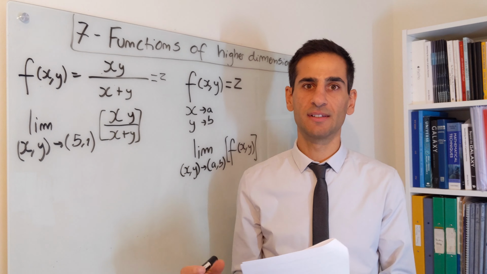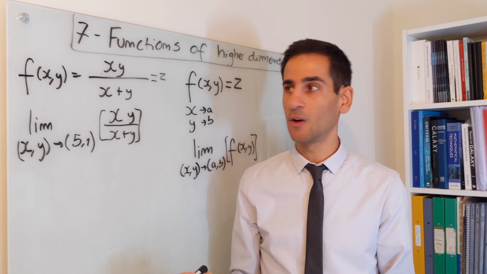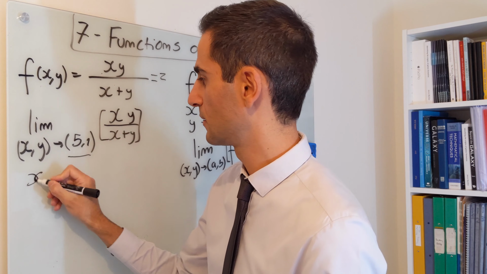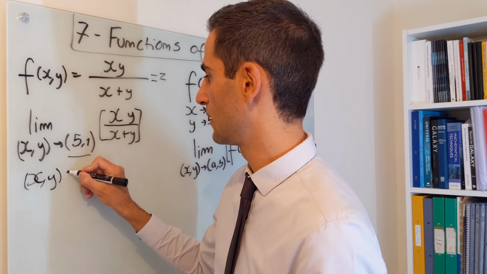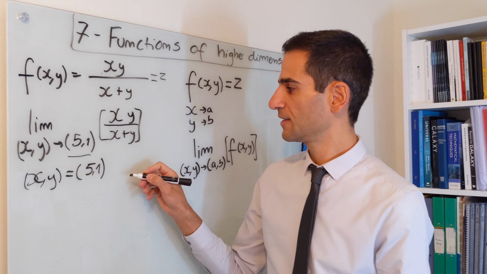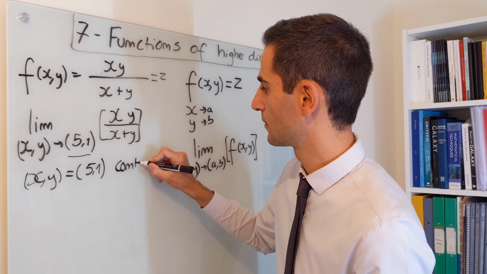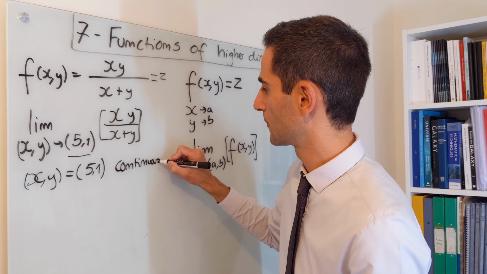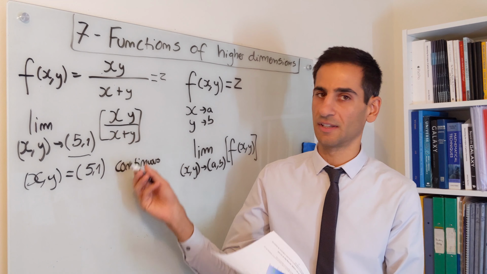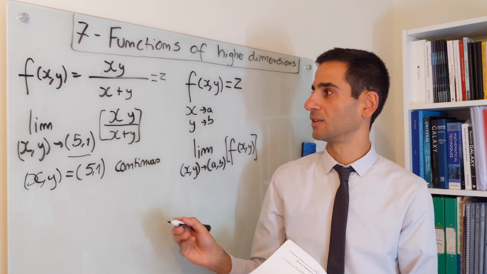For this case, let's assume that you know that the function is continuous at point x, y equals 5, 1. If it is continuous, then this implies that the limit is equal to the value of the function at that point.